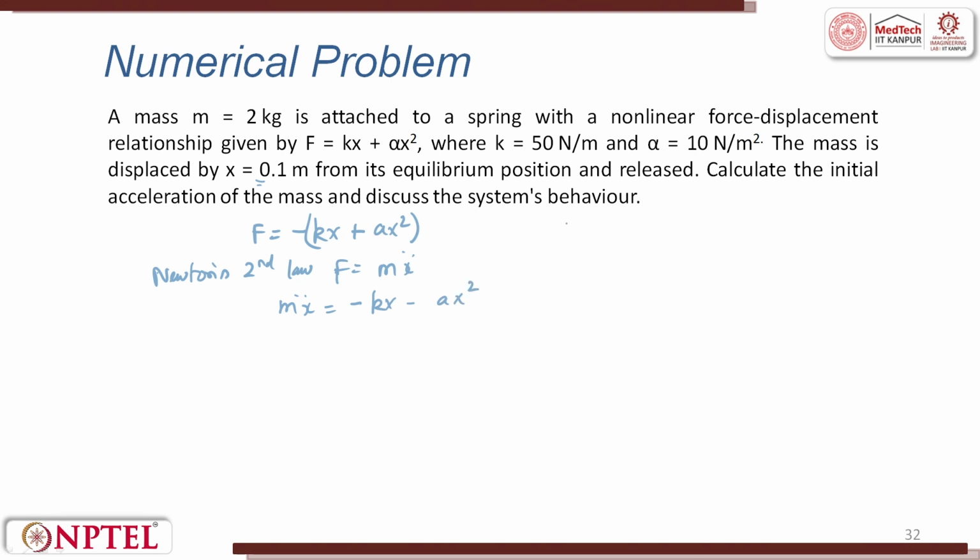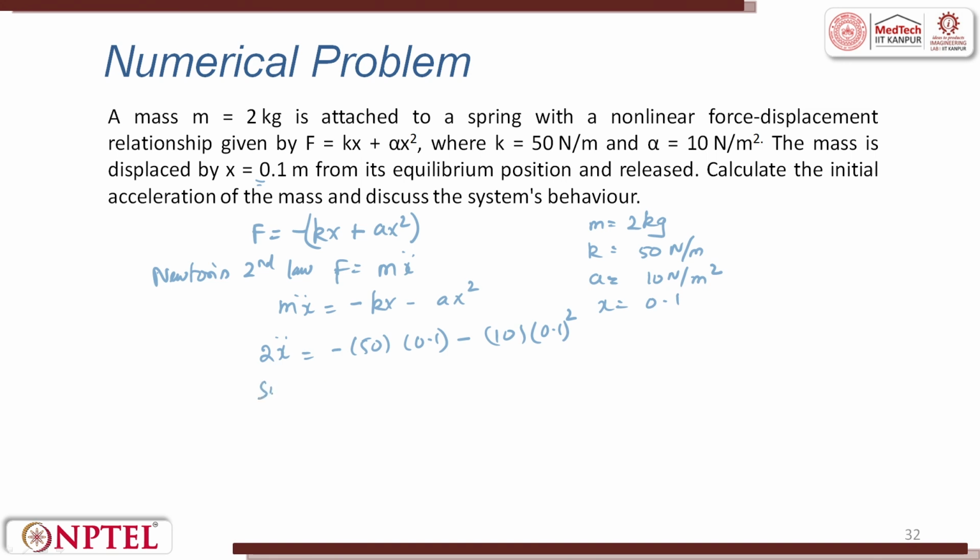Now, given in the sum, m equal to 2 kg, k equal to 50 Newton per meter, a equal to 10 Newton per meter square, x equal to 0.1. So, now 2 x double dot is equal to minus 50 into 0.1 minus 10 into 0.1 the whole square.